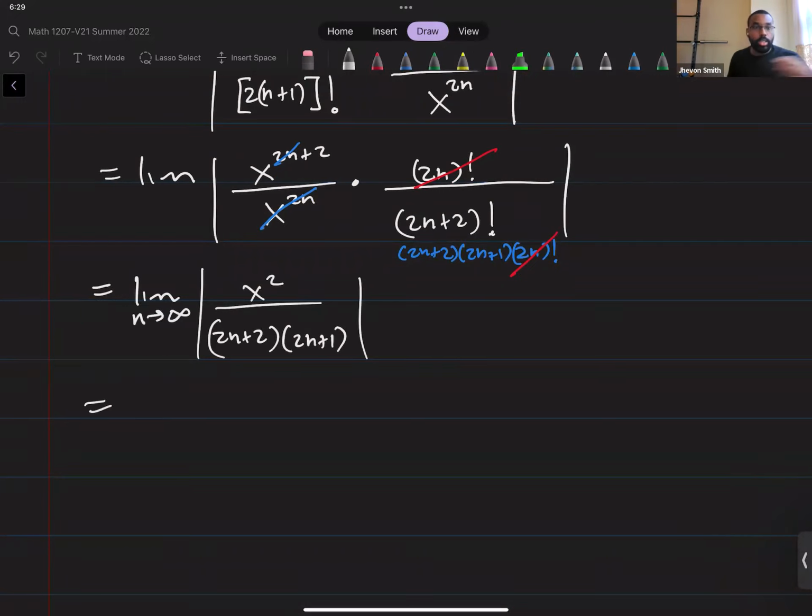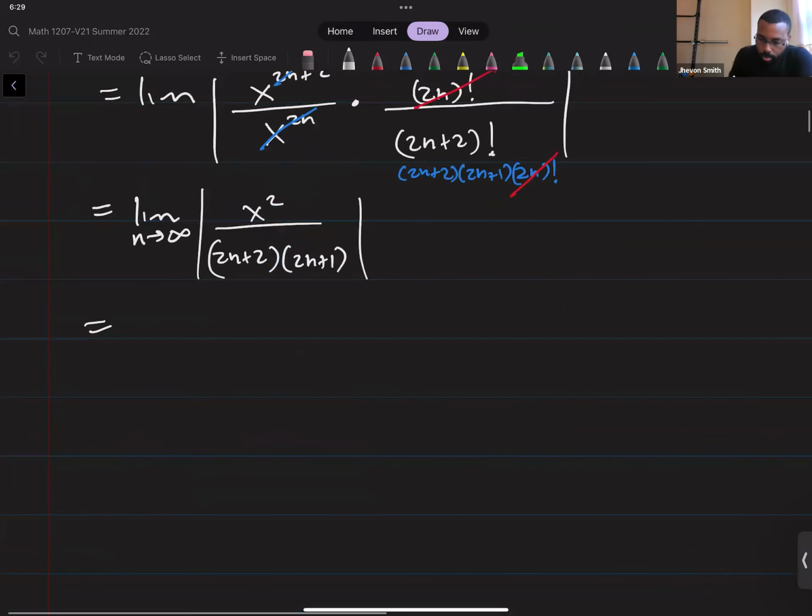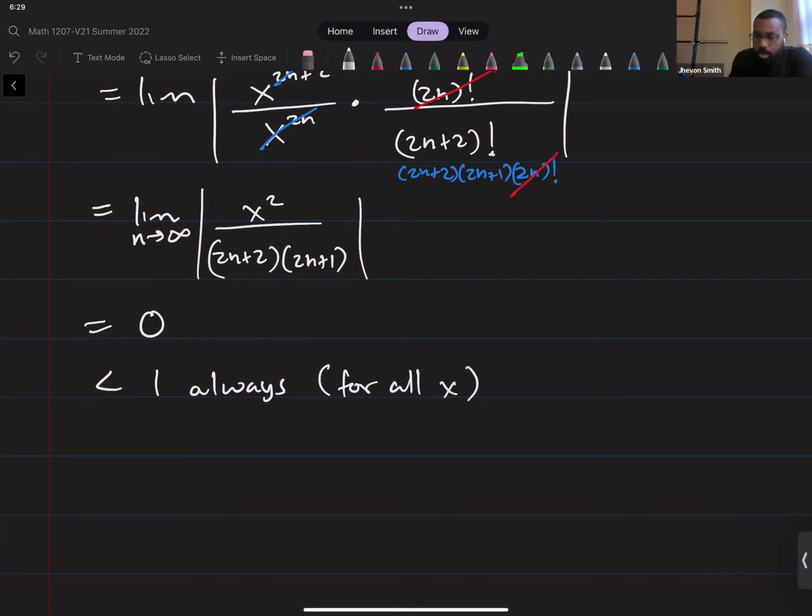So x is considered a constant here. We're just varying the n. So here we have a fraction where the numerator is a constant and the denominator is going off to infinity. So that limit is 0. 0 is always less than 1, namely, for all x. For any particular x value that you pick, pi, 14, a billion, doesn't matter. Eventually, the denominator will get bigger than that, and this will go to 0.